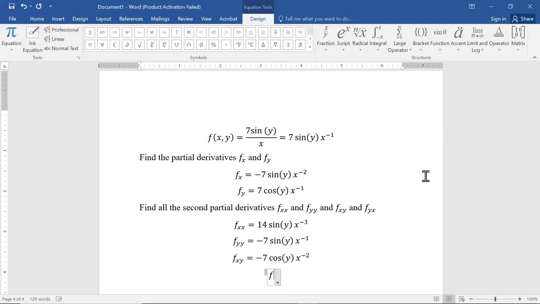Then let's take f sub yx. That's where I take the derivative with respect to y first, and now take the derivative with respect to x. This 7 cosine y is treated just like a coefficient. So I take the -1 out front and reduce the exponent by 1. That's going to give me a -7 cosine of y times x to the -2 power.